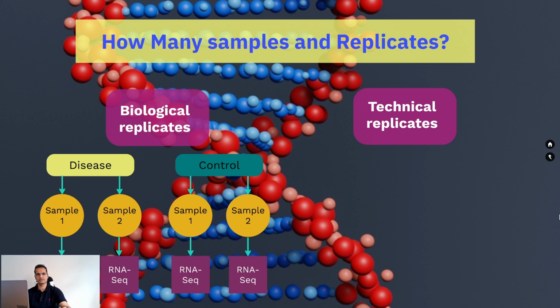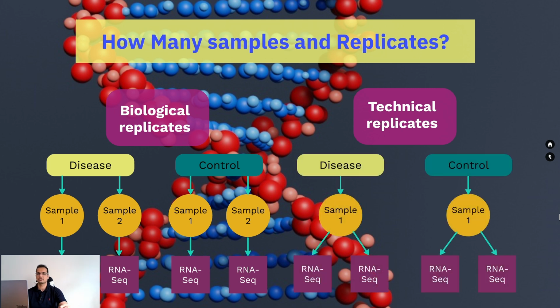Another type of replicate is technical replicates. They are repeated measurements of the same biological sample. If we consider the last example, technical replicates would be, for example, taking 2 samples from one person who has the disease and 2 samples from a person without the disease, or 3 samples.